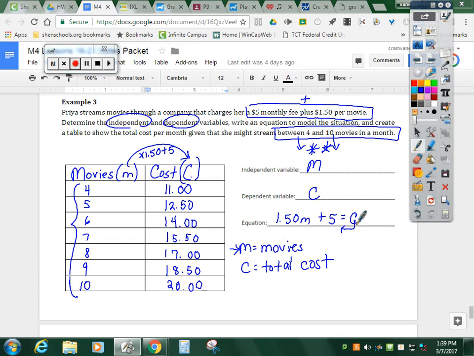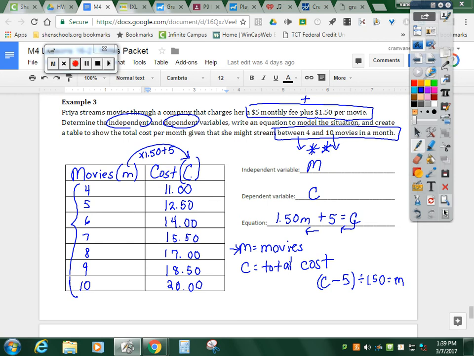You're going to take your cost, and instead of adding 5, you're going to do the inverse, which is taking 5 away. I'm going to put that in parentheses to make sure that I know that I have to do that first, okay? After I take my cost and subtract 5, then I have to do the inverse of multiplying by $1.50, which is dividing by $1.50. And once that's done, it's going to give me the M number of movies that I've streamed.